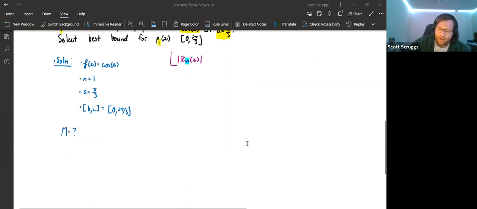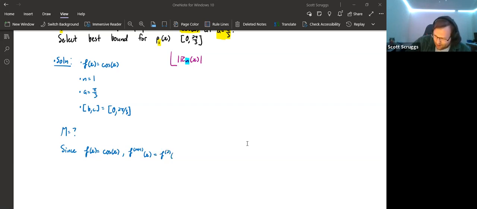And so let's write down below that since the function I am working with is cosine, that means its n plus 1 derivative, which in this case will be the second derivative, will be negative cosine of x.